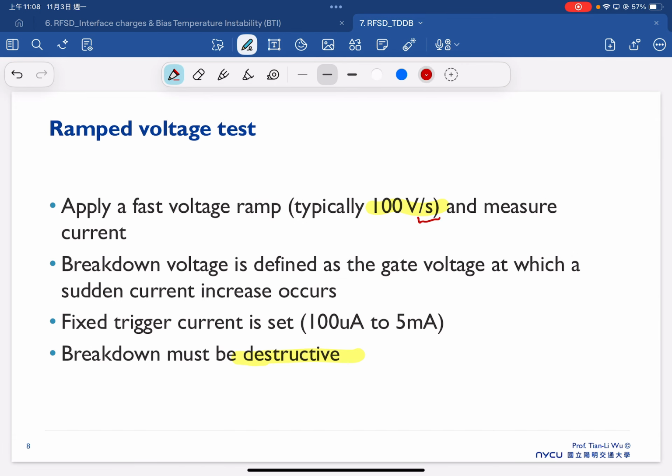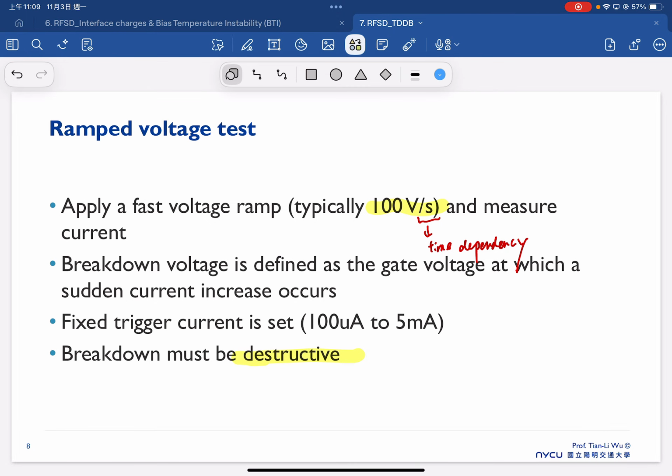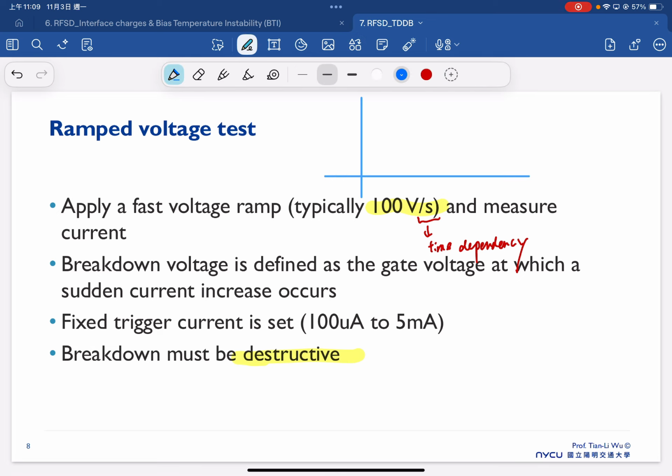And the reason why we use this voltage ramp is because there's a time factor here. This suggests the time dependency. If you think about the IG, in here we still talk about the IG-VG, but with two different ramp rates, you will see a huge difference in the gate breakdown characteristic.